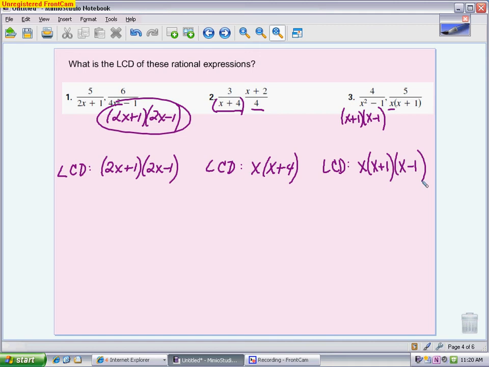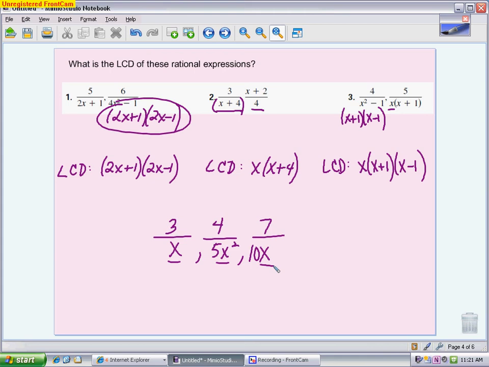The only thing that didn't get mentioned here, and I'll put a basic example just to show you, if you have something like this, x is the same factor. So you have a factor of x here, a factor of x here, a factor of x here. What you will use then is the highest power of that factor that shows up.